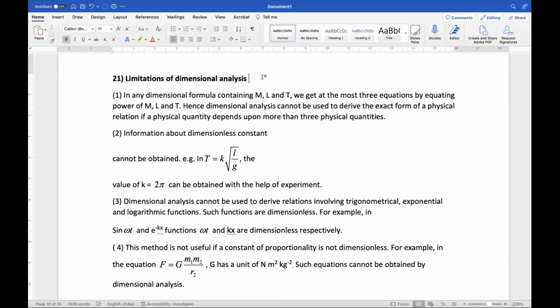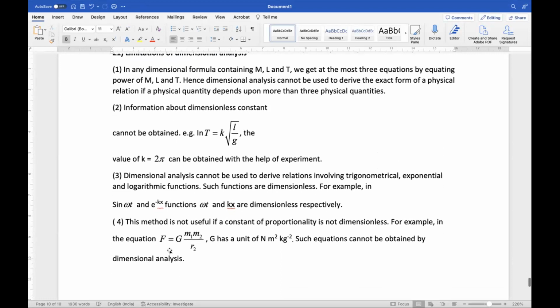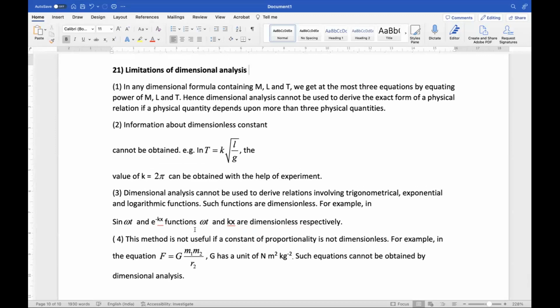Sir, can you explain the fourth point again? Force is equal to G m1 m2 by r square, but G is introduced as a constant of proportionality. Yes. So in dimensional analysis, what constant are you introducing? You are introducing a dimensionless constant. I told you that point. Whereas here, G is not a dimensionless constant.